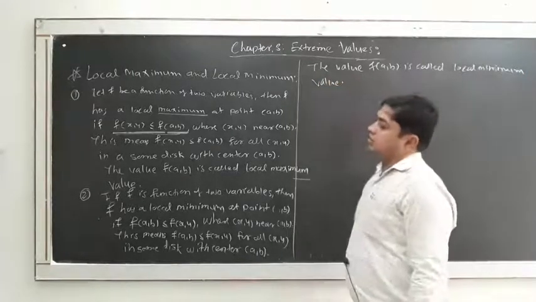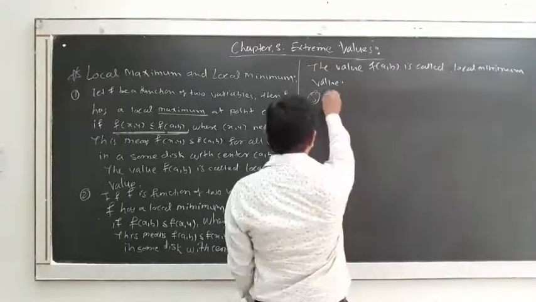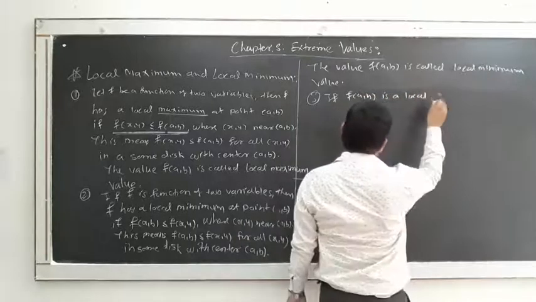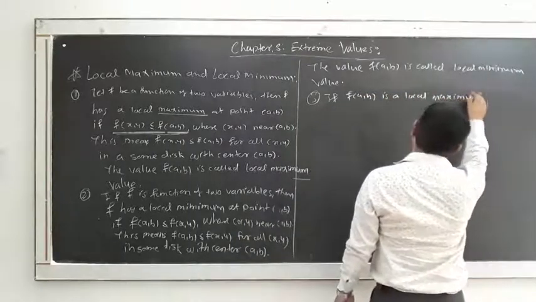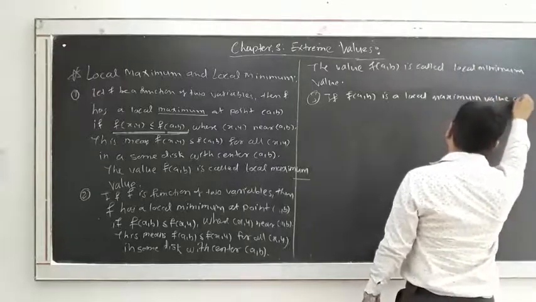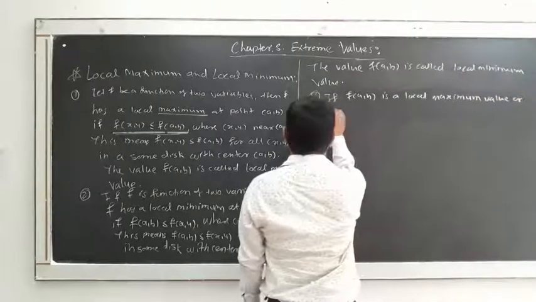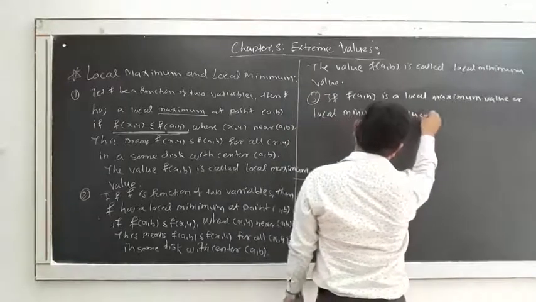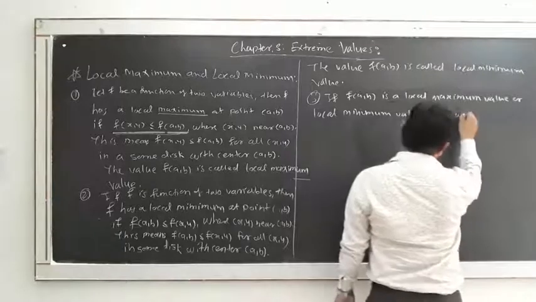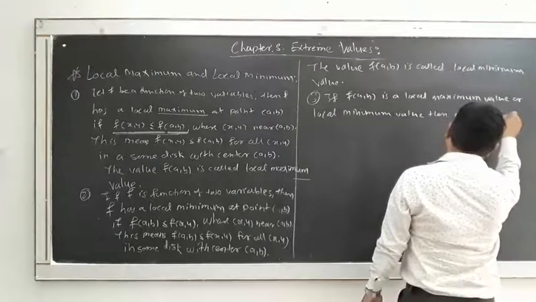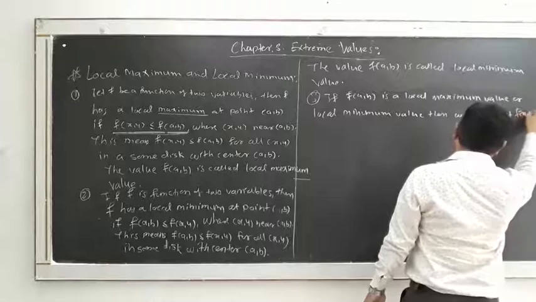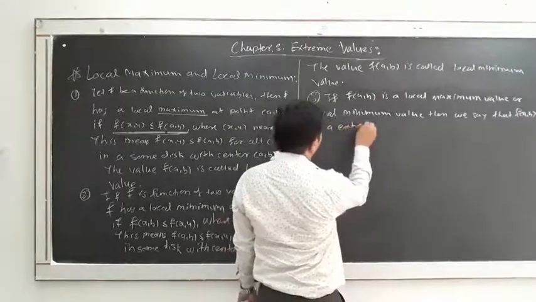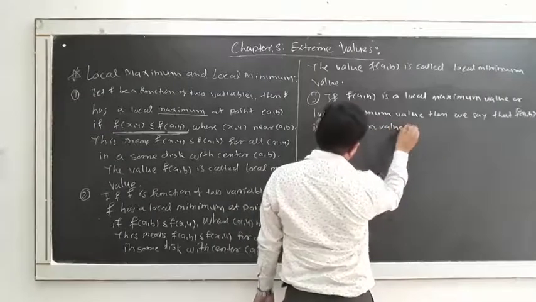Third definition: if f(a, b) is a local maximum value or local minimum value, then we say that f(a, b) is an extreme value.